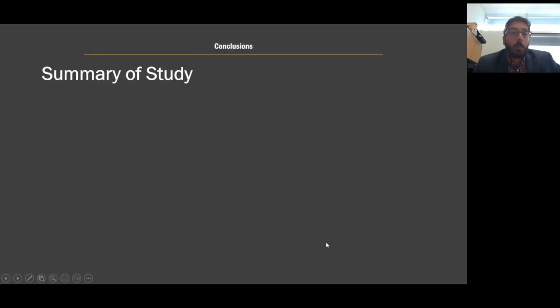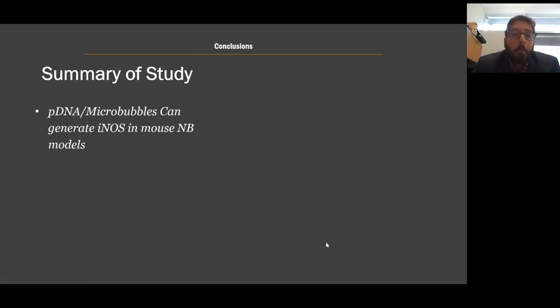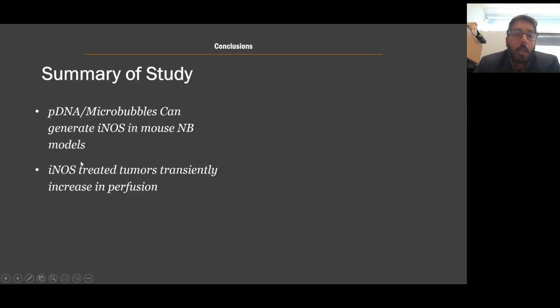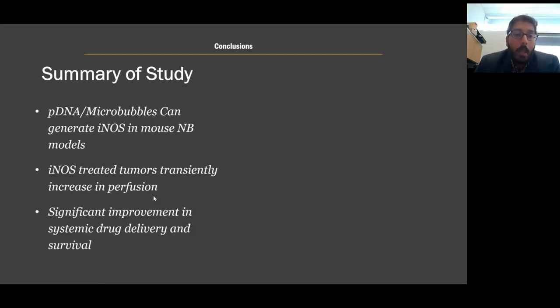So with that, the summary of the study is that plasmid DNA and microbubbles together can generate iNOS at significant levels in mouse neuroblastoma tumor models. iNOS-treated tumors transiently increase perfusion, which we measure by ultrasound imaging and contrast agent detection. And there's a significant improvement in systemic drug delivery and survival time in mice treated with the iNOS nitric oxide synthase and sonopermeation.